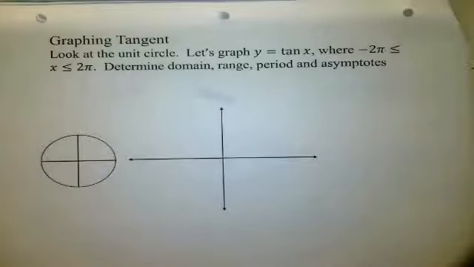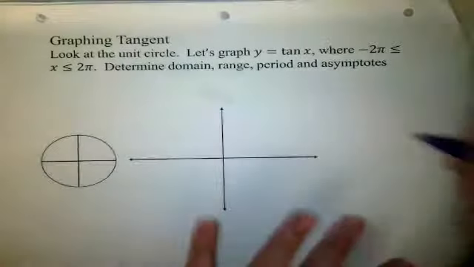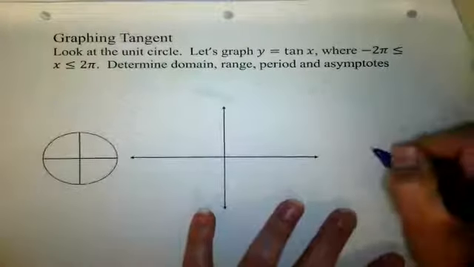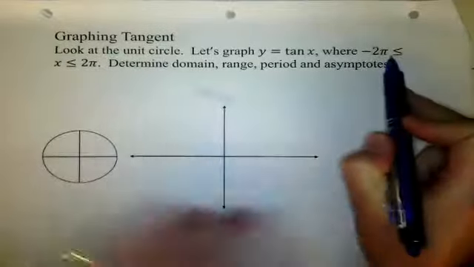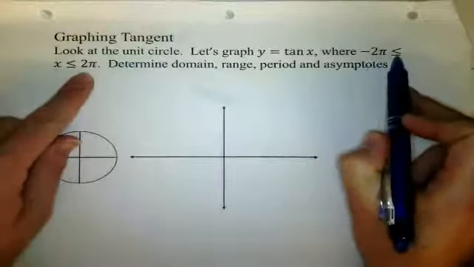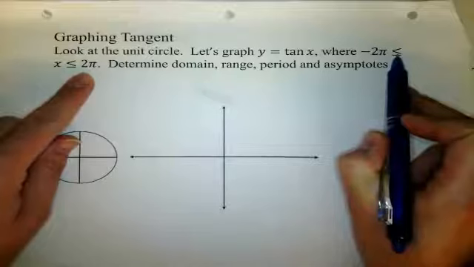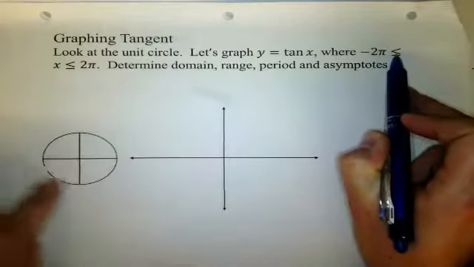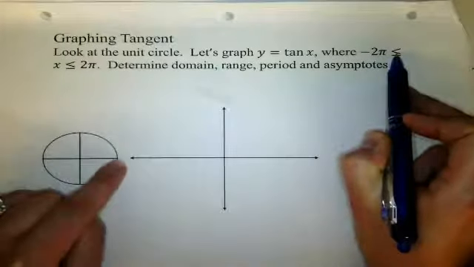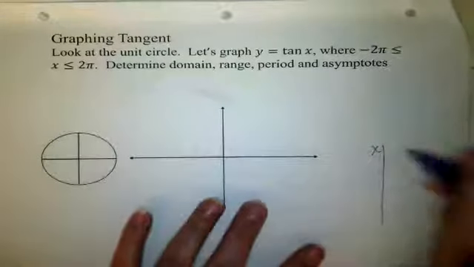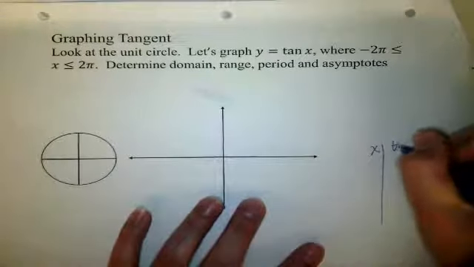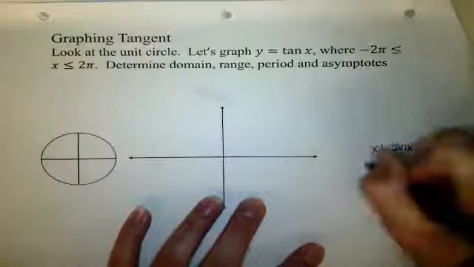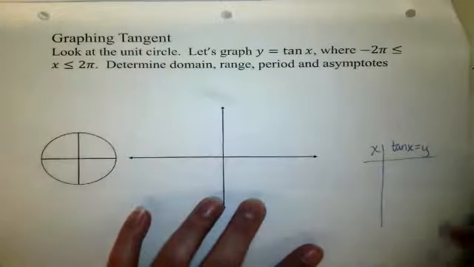We'll talk about the period and the asymptotes as well. So I'm going to go ahead and do a little XY chart over here. X is between negative 2 pi and positive 2 pi. So we're actually doing 2 rotations of our circle. We're going from negative 2 pi and wrapping around to 0 and then keep going again until 2 pi, which is weird. But we're going to have tangent of x equals our y value for our graph here.